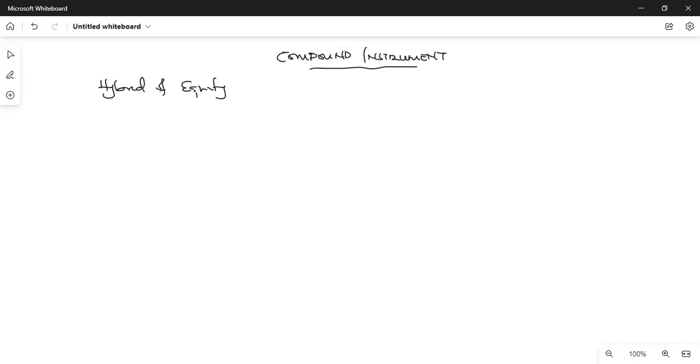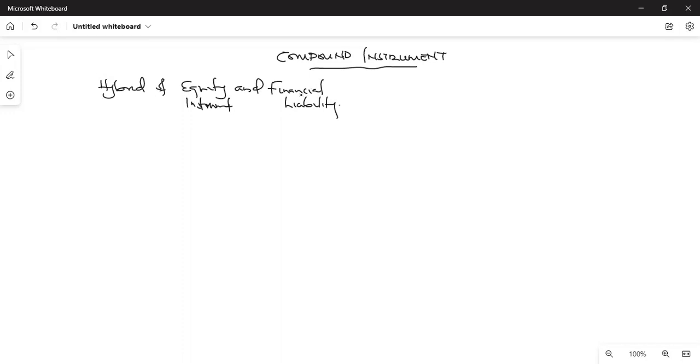That is why in the definition I did and or. So equity instruments and a financial liability. It has the characteristics of both.